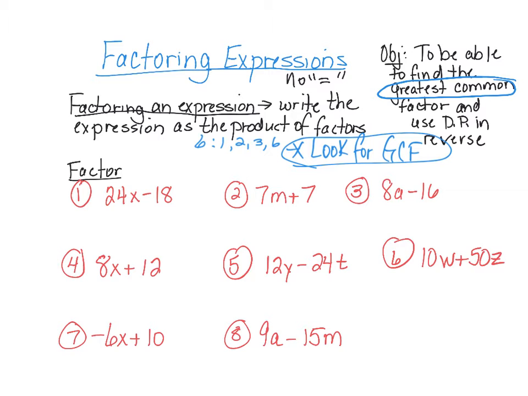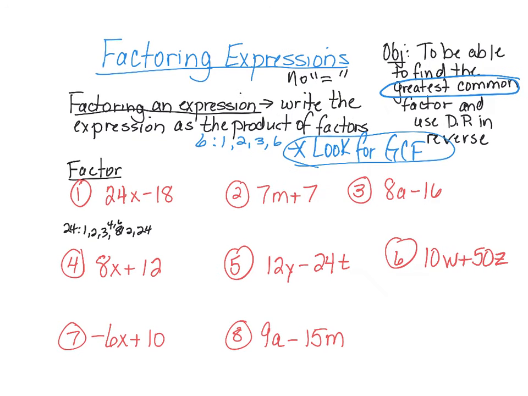So number 1, it says factor 24x minus 18. When we factor this, look at the number 24. 24's factors are what? 1 and 24, 2 and 12, 3 and 8, and 4 and 6.